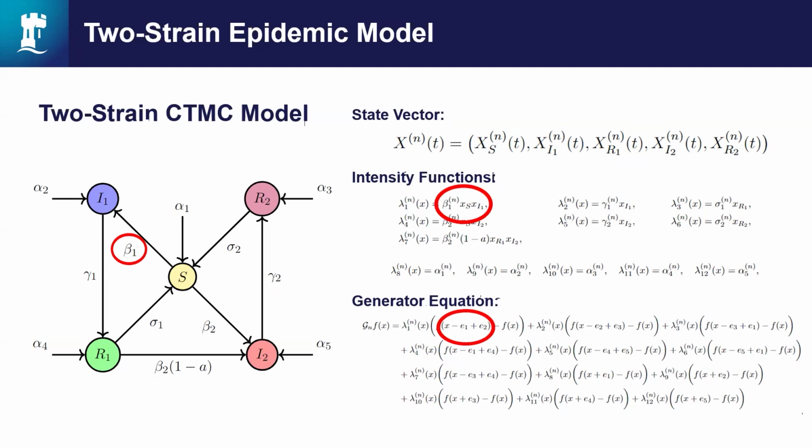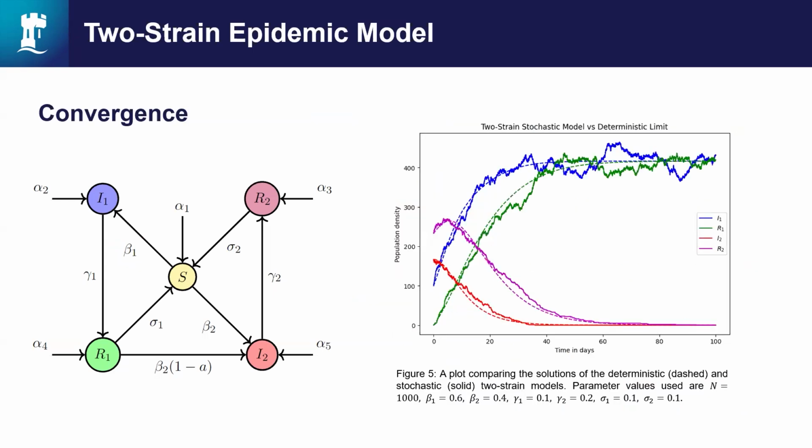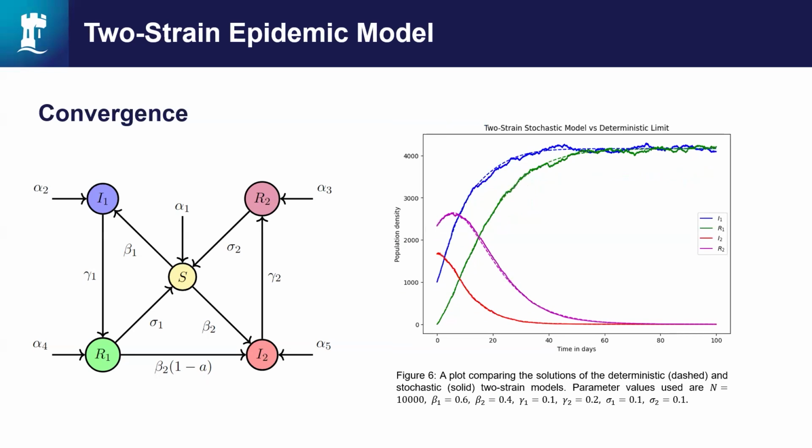That means we lose a 1, which is the S, and gain a 2, which is the I1. Okay, and if I plot the solutions to both my deterministic and stochastic models, Kurtz's theorem gives me that as I make it a bigger and bigger system, my stochasticity will reduce, and I will get to a deterministic limit.